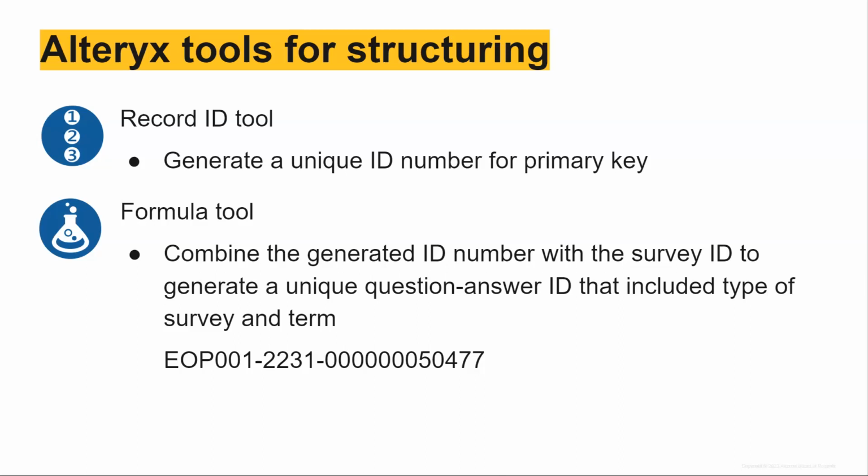As we were generating our unique ID number for each row in the question answer table, we added this survey ID number, which includes an abbreviation for the survey name and the term, just so that if someone was looking at only the question answer table, they would have an idea of which survey each of those questions and answers relates to. Does that kind of make sense? It wasn't necessary. It was just another way of adding a little more useful information to the table.